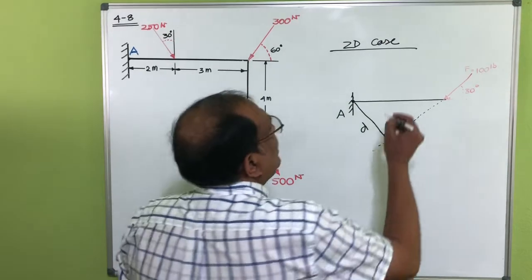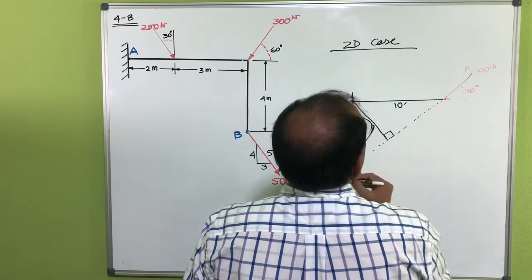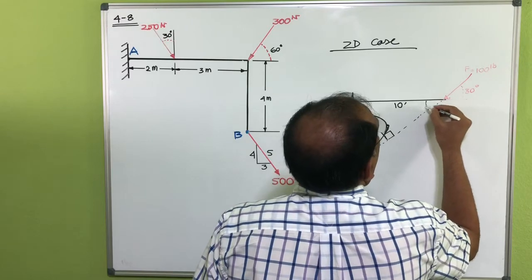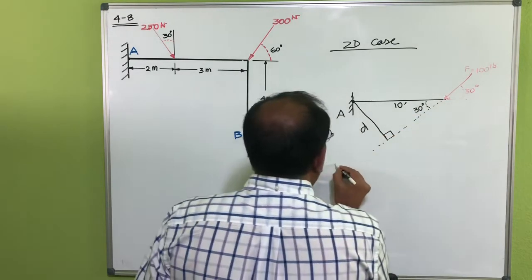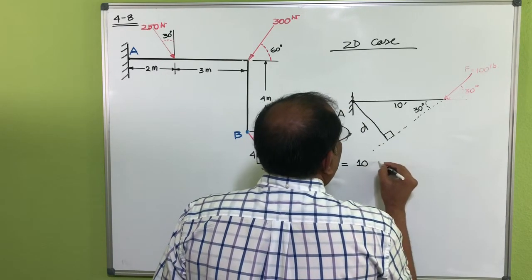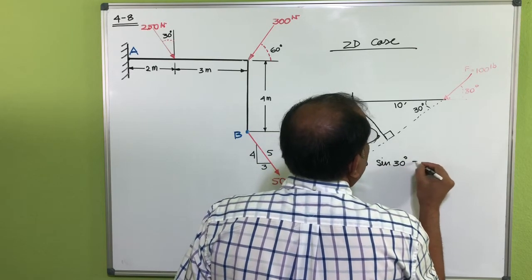Now if the size of the beam is 10 feet, you can see this one, D, would be equal to 10 sine 30, which is actually 5.